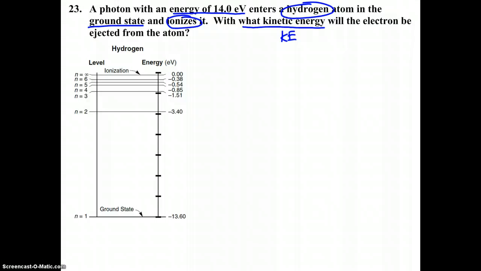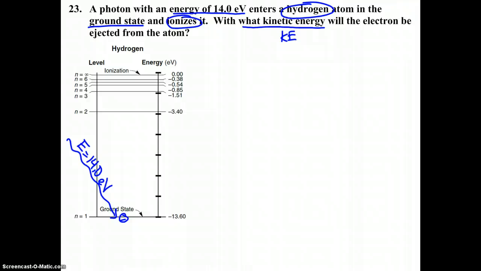Okay, all right, so our electron was in the ground state. So go over here and add that to the hydrogen energy level diagram. And it says a photon with an energy of 14.0 electron volts enters that in the ground state.